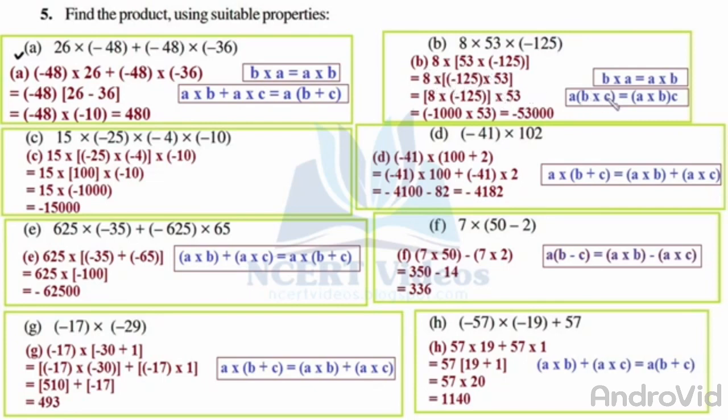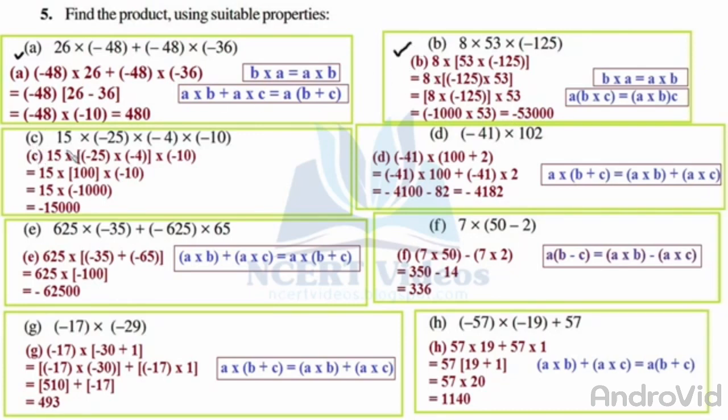Now we can multiply minus 125 with 8. That gives you negative of 1000. When you multiply it with 53, it is simply attaching 3 zeros to 53, and plus minus is minus, therefore the answer is minus 53,000.